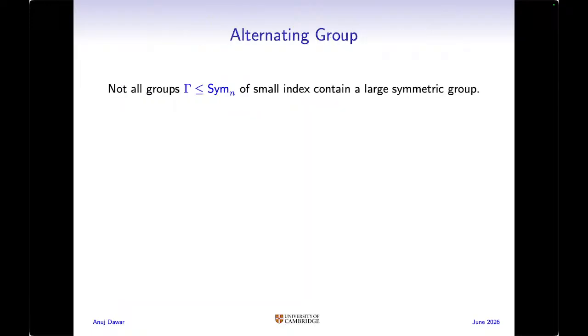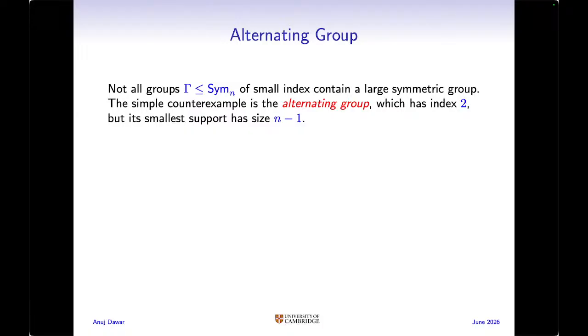Not all groups of small index contain a large symmetric group. The alternating group has index 2 in the symmetric group, but it doesn't contain within it any large symmetric group, right? You have to fix n minus 1 elements to get a stabilizer group which is contained inside it.